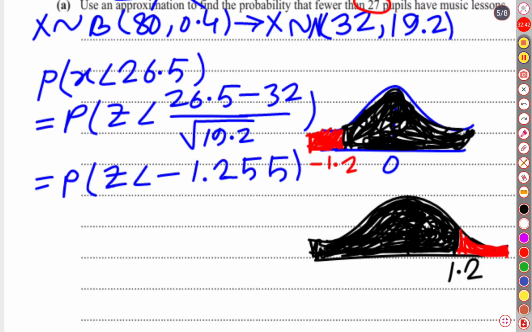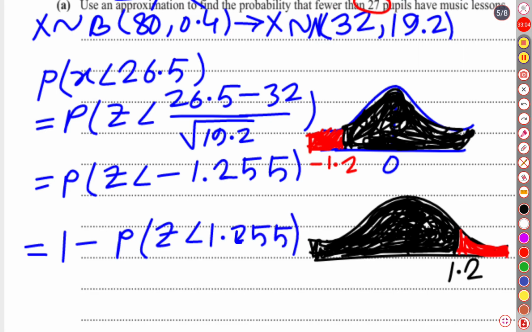But as for the negative z-score, no probability is given. We will try to find the positive z-score, and hence it is going to be from the whole of the probability. Look, whole probability is 1. From 1, if we subtract the probability of z less than 1.255, it will be exactly the same, because the shaded part is the same, as you can see.